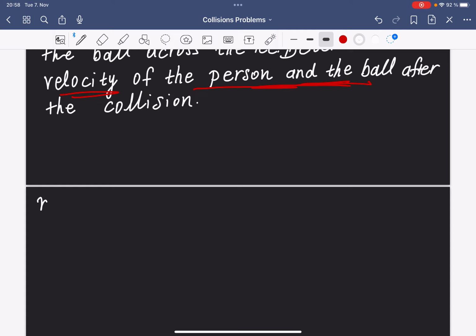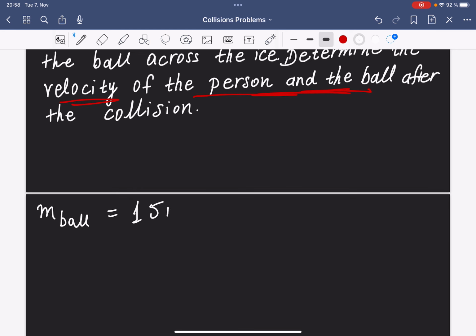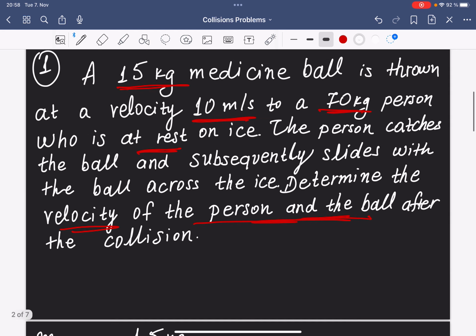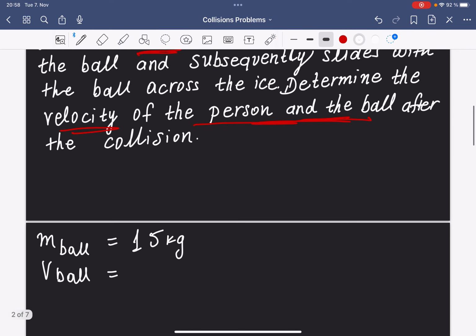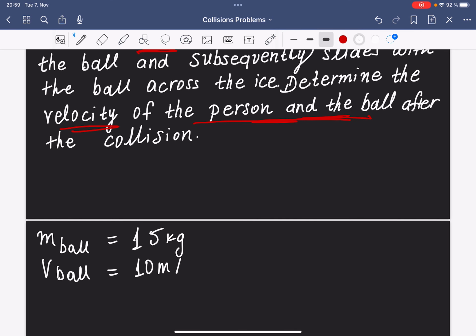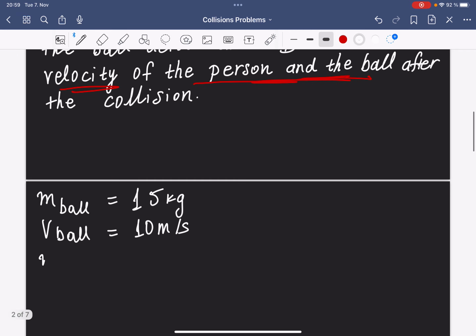We have the mass of the ball, that is 15 kilograms, and the velocity of the ball is 10 meters per second, and we have a person with a mass of 70 kilograms, and this person is at rest.